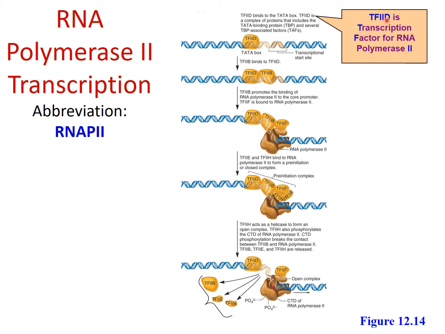TF2 and D is probably in the order that they were discovered; they were given letters. Okay, so what goes on here? TF2D is a very important factor. This is the factor that recognizes the promoter for eukaryotic genes.